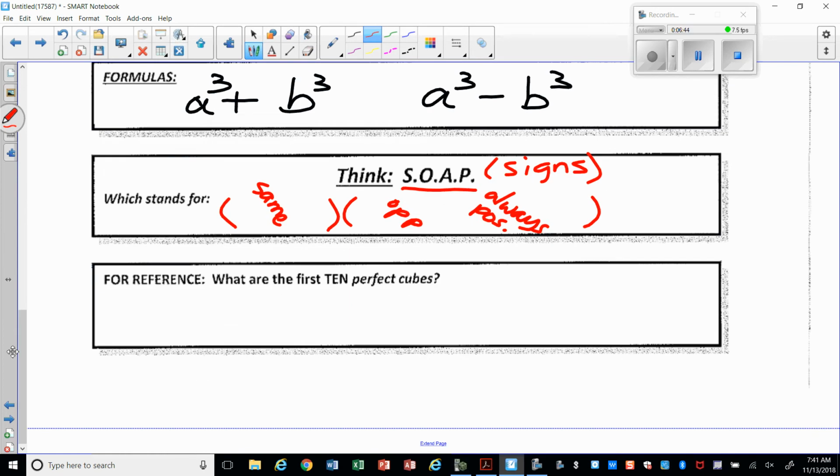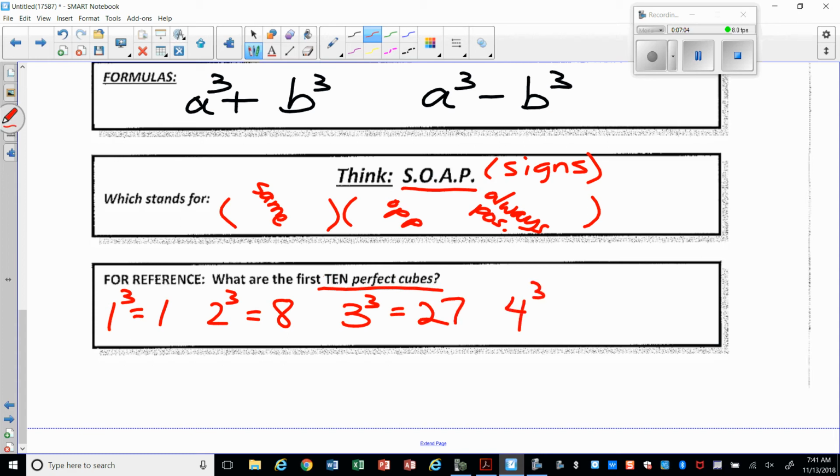Now we want to think about the first 10 perfect cubes. If I have 1 cubed, that would be 1. 2 cubed would be 2 times 2 times 2, so that would be 8. 3 cubed is 3 times 3 times 3, so that's 27. 4 cubed is 4 times 4 times 4, so that's 64. 5 cubed would be 5 times 5 times 5, so that's 125.